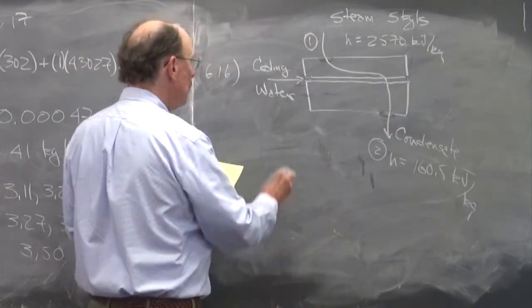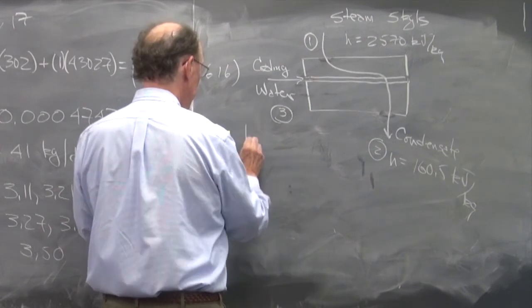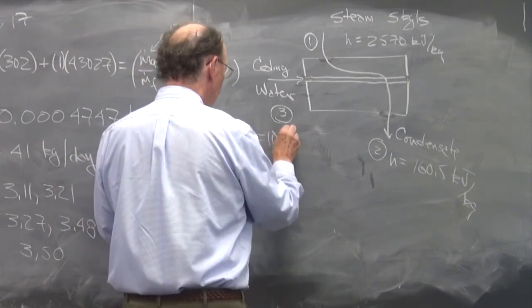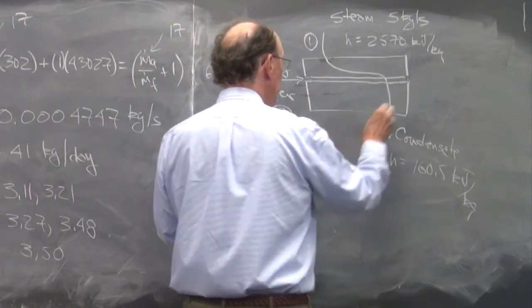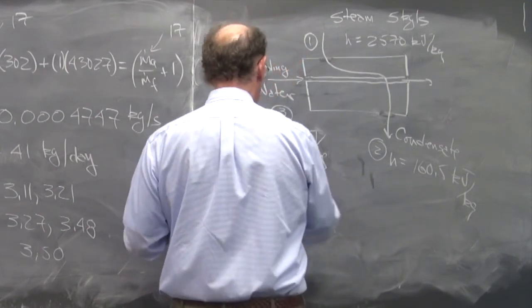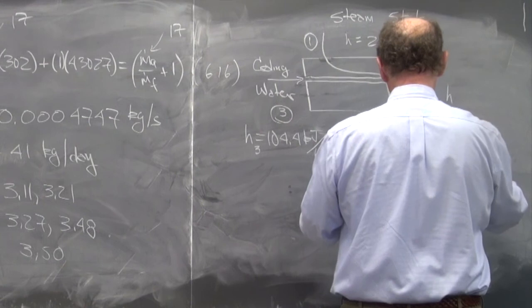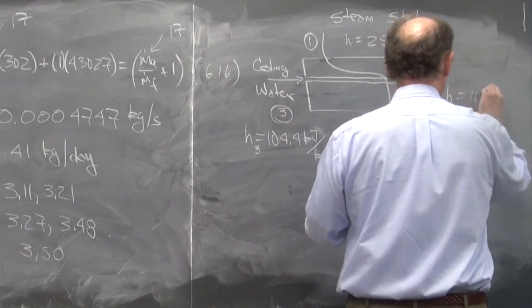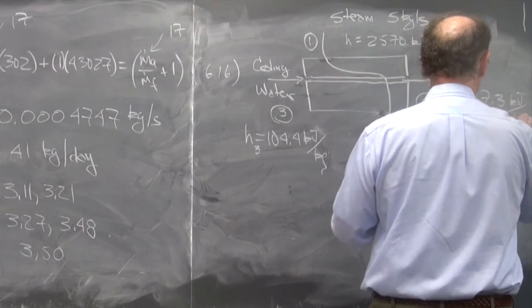And then for the cooling water, it'll go in at state 3 and leave at state 4. At state 3, H is 104.4 kilojoules per kilogram. And at state 4, H is equal to 167.3 kilojoules per kilogram.